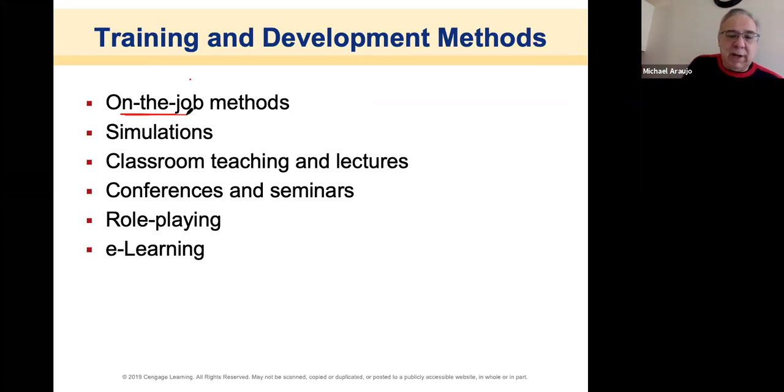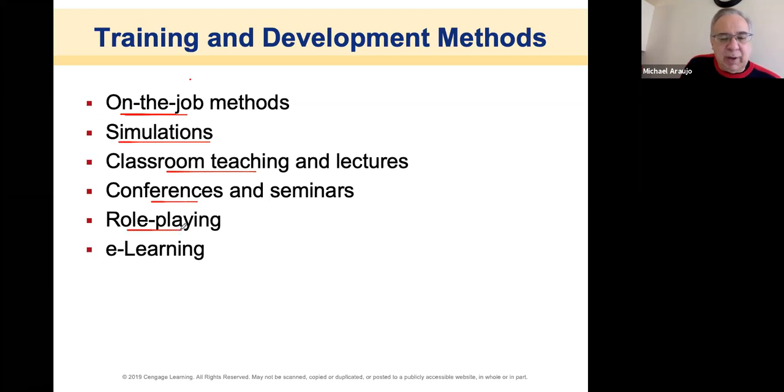And so on-the-job methods are relatively common, and they are effective because you're working with someone who already knows what they're doing. So they are effective most of the time. Sometimes there are simulations. Sometimes there's classroom instruction. Sometimes they send you, or you're required to attend certain seminars and conferences.